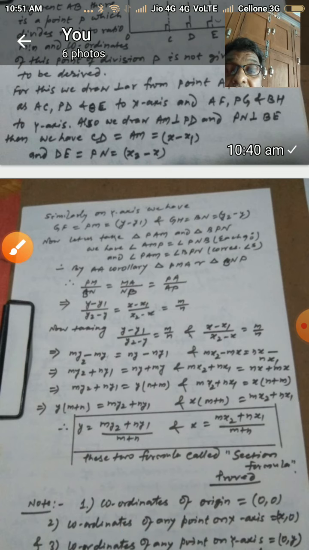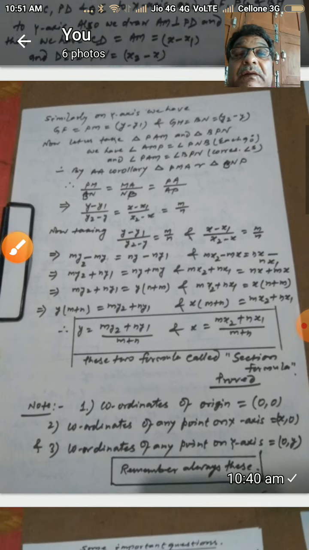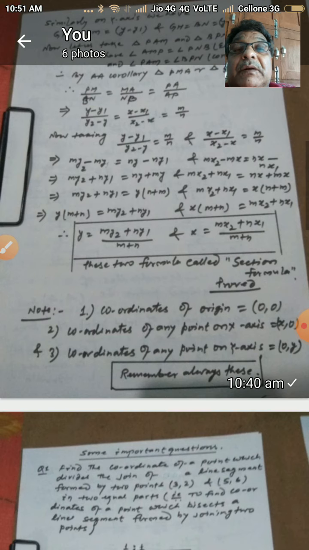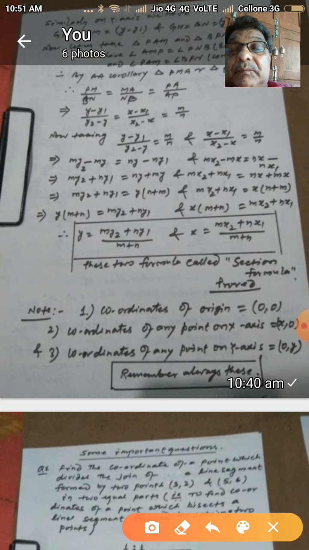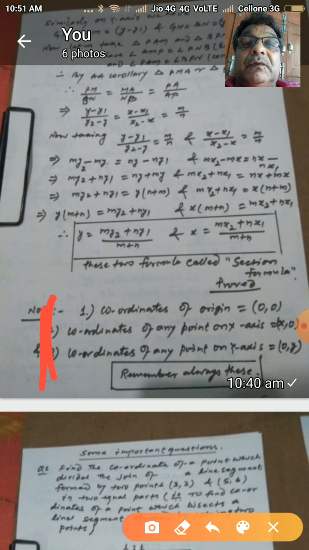Now we will see some questions based on this, but before solving questions, we again want to remind you these 3 points which are very useful in solving the exercise problems.